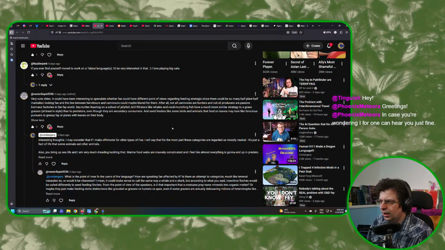Because currently, the fae that I am imagining are sort of like proto elves. They are very humanoid. They look very like humans with pointy ears. They might have some strange features that indicate they come from another place. But mammalian looking fae, right? But things like half plant, half mammalian looking, I don't know.